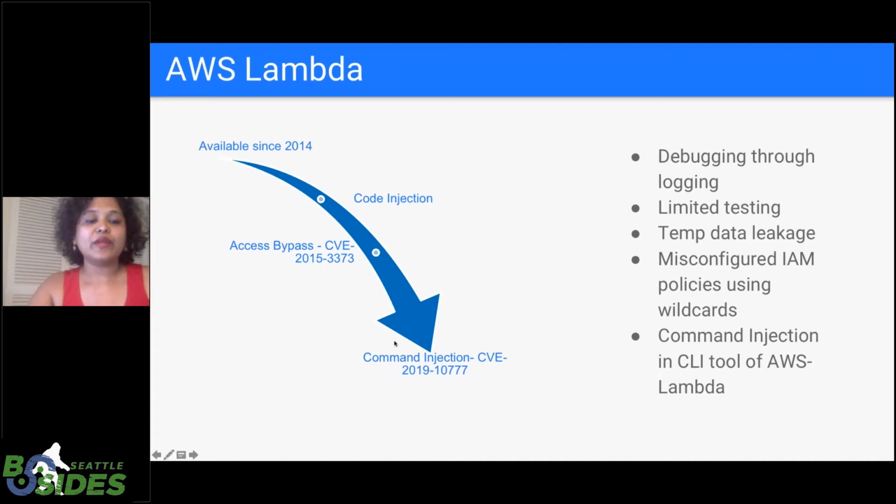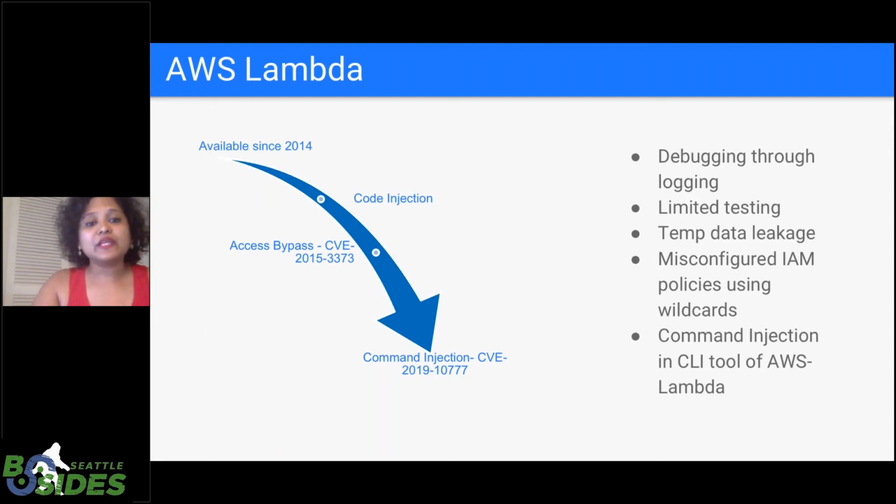When you're dealing with such serverless functions, all the debugging must be done through logging. There are no additional interfaces available to troubleshoot this type of functionality, and because of that, the testing is very limited. How can you use traditional tooling to test something that is so short-lived?